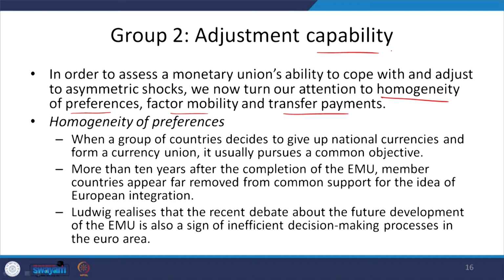Ludwig realizes that the recent debate about the future development of EMU is also a sign of an inefficient decision making process in the Euro zone. A sign of inefficient decision making was also noted by Ludwig and related to the adjustment capability.